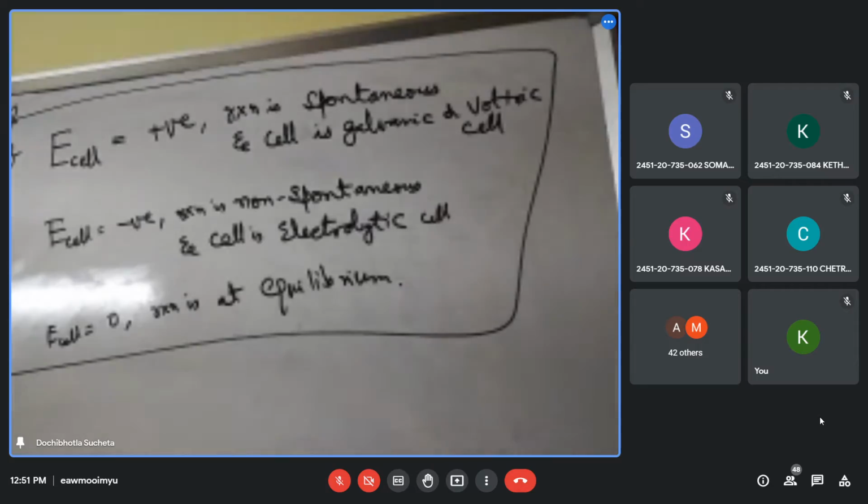Next point. Is it clear till here? So when you're talking about the E cell values, and you're predicting the spontaneity of a particular reaction, you're just predicting whether it is going to be a galvanic or voltaic cell.